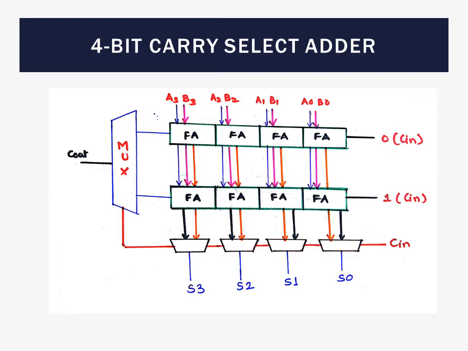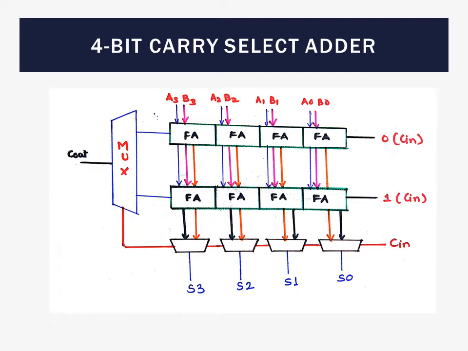Now this adder is presuming carry in is equal to 0 and this adder is presuming carry in is equal to 1, and these four multiplexers are used for sum S3, S2, S1, S0, and this multiplexer is used for carry. Now whenever the addition operation is performed by this adder, the sum is taken as one of the inputs to these four multiplexers. These are the 2 by 1 multiplexers.